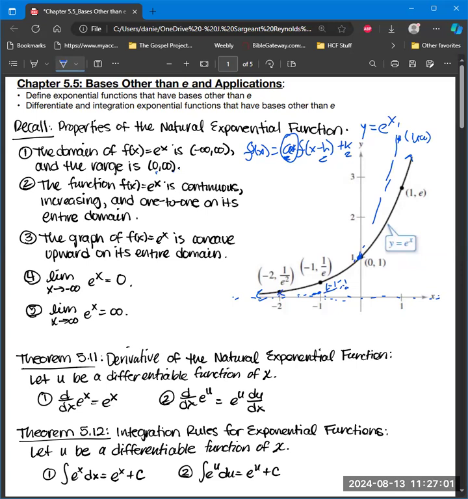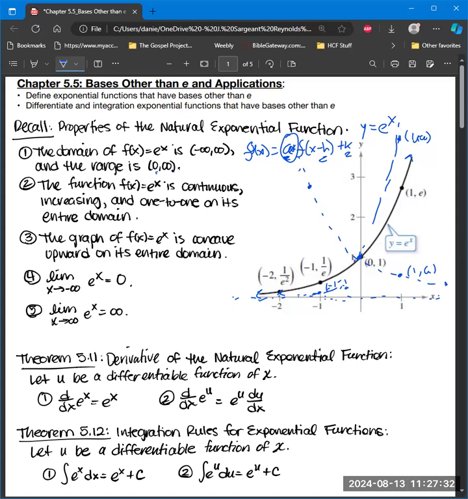Or if a is between 0 and 1, you're going to get (1, a) over here, and (negative 1, 1 over a) will actually be up here, and it'll come this way.